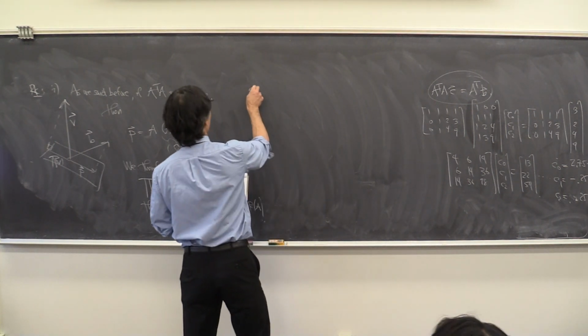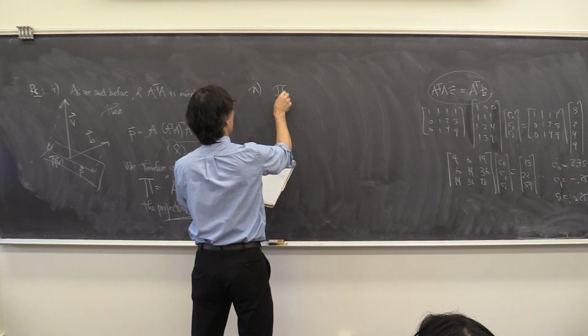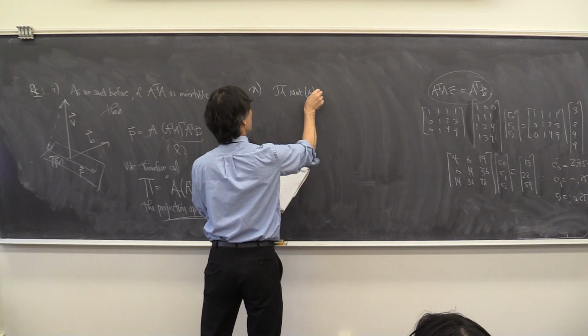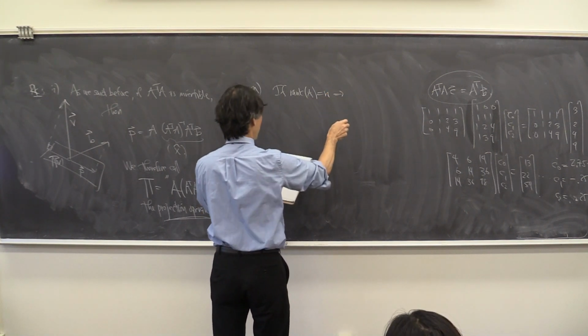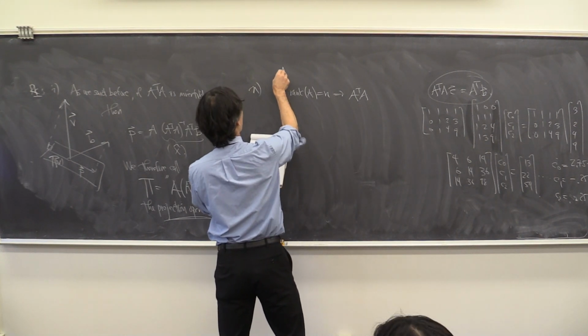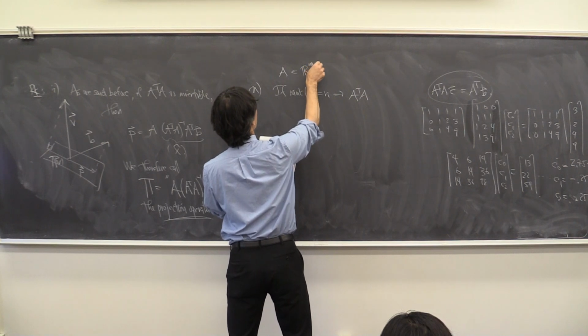Second thing to remark is that if the rank of A is n, then in fact A^T A. So remember, A is an m by n matrix.